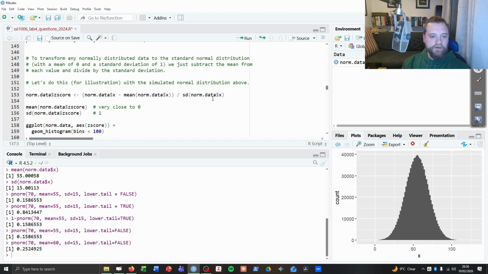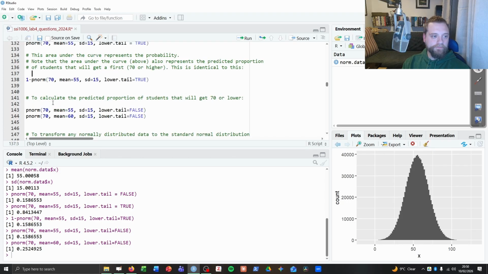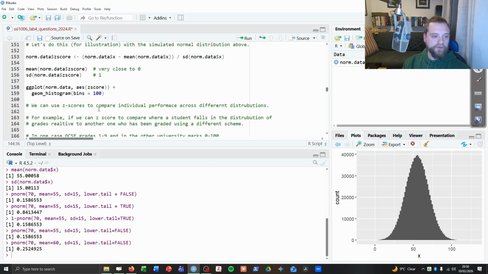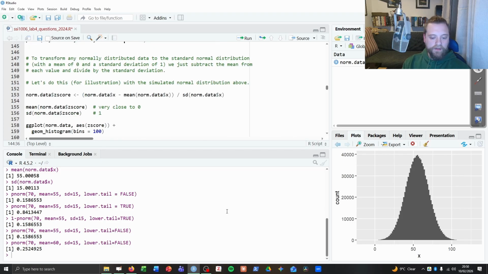One thing we can do is transform scores like this on these distributions into something we call z-scores. Now, the calculation for a z-score is actually pretty simple.